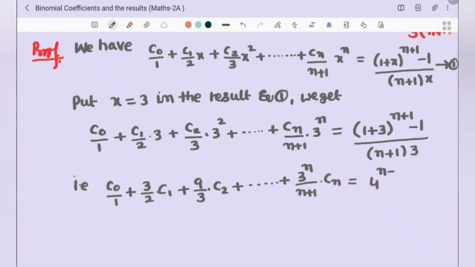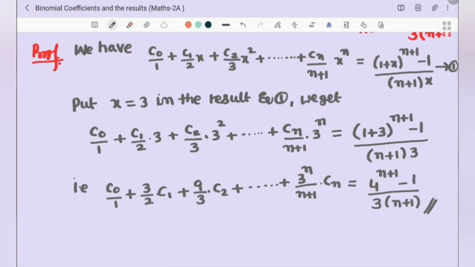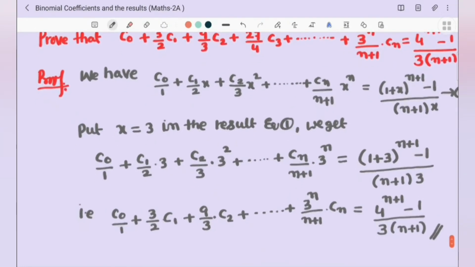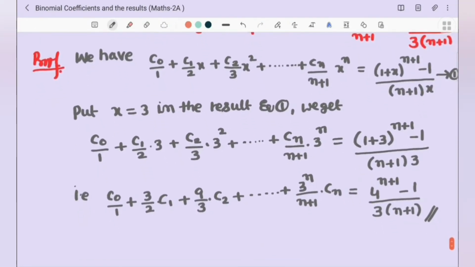So 4 power n plus 1 minus 1 divided by 3 into n plus 1 is the result. Even by using the other procedure also we can do that, but it is enough. I hope everyone understands, dear students.